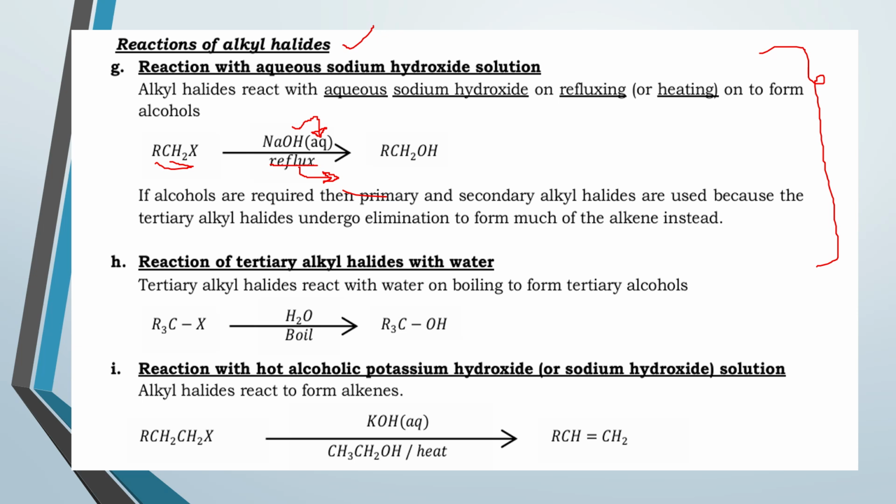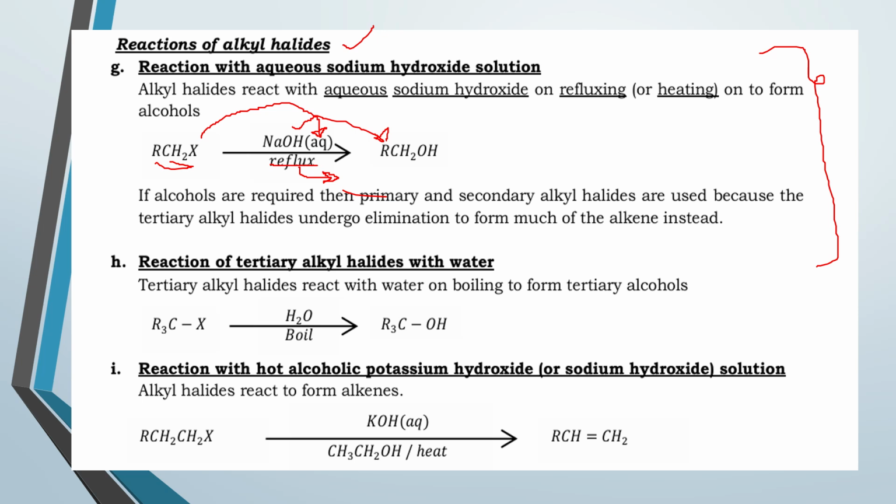Whenever you use sodium hydroxide, always specify its state, because we have sodium hydroxide in solid format and also in aqueous format, and each is used for different purposes. So converting an aliphatic alkyl halide to an alcohol, we are simply going to use aqueous sodium hydroxide and then we heat. So the condition must be heating, do not use reflux.